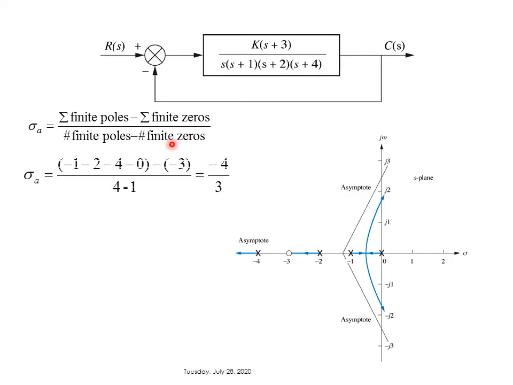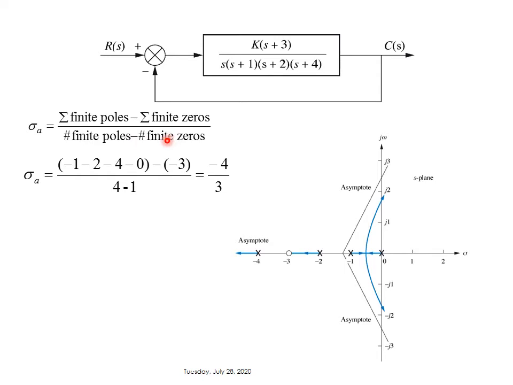finite zeros. Let's see. For our transfer function, what are the poles? We can see that the poles are 0, -1, -2, and -4. So the sum of poles is the sum of -1, -2, -4, and 0, minus the sum of zeros. The zero that we have here is -3, so it's minus -3, divided by the number of poles minus the number of zeros.